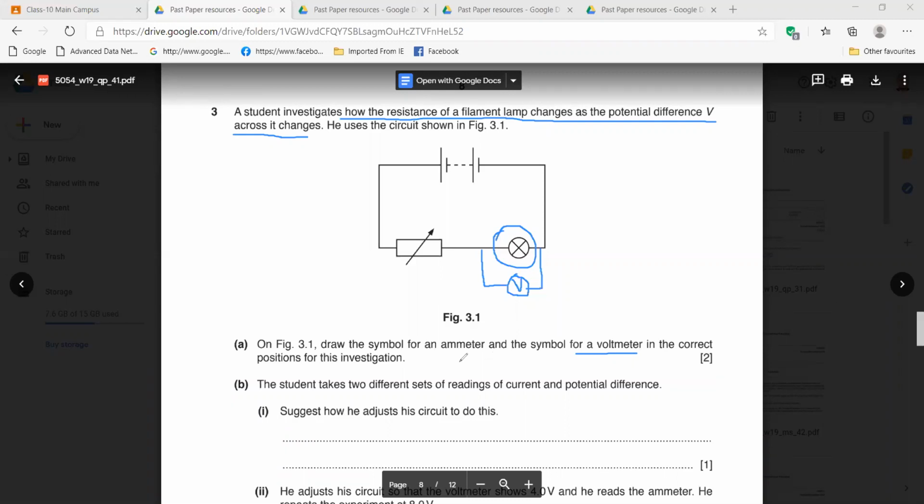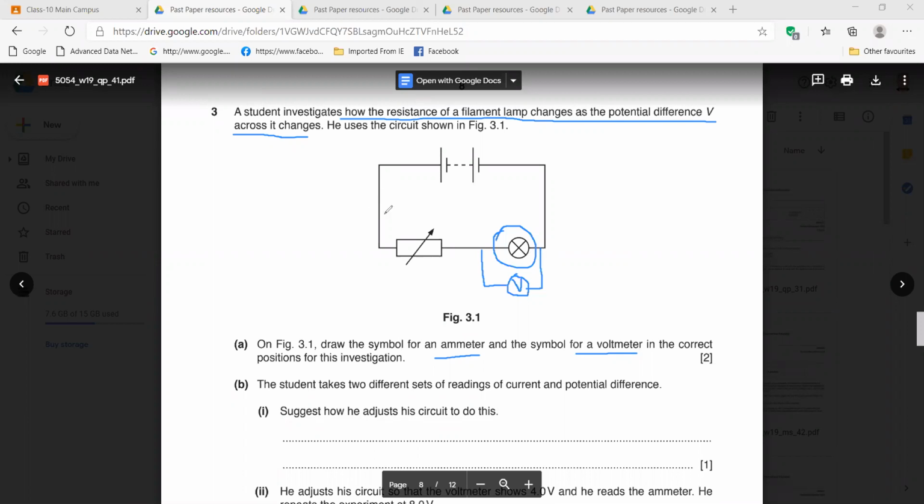Now the ammeter. The ammeter is measuring the current, and we are measuring the current also through this lamp. How much is the current over there? From the circuit diagram, we understand that it is a series circuit. So to measure current through this lamp, it's the same anywhere you draw the ammeter.